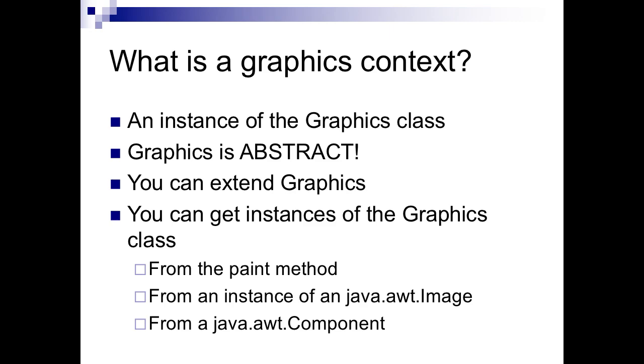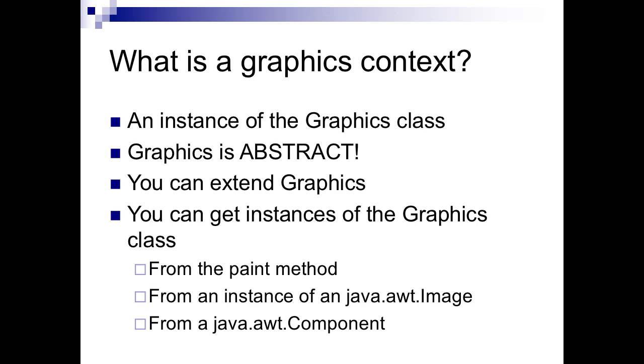We base all of our drawing in an area of the component inside of the abstract window toolkit's container, which could be a panel or frame, and we use that component's invocation by the abstract window toolkit's damage control manager of the so-called paint method.